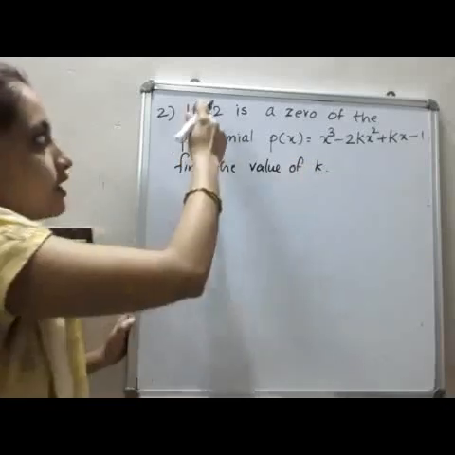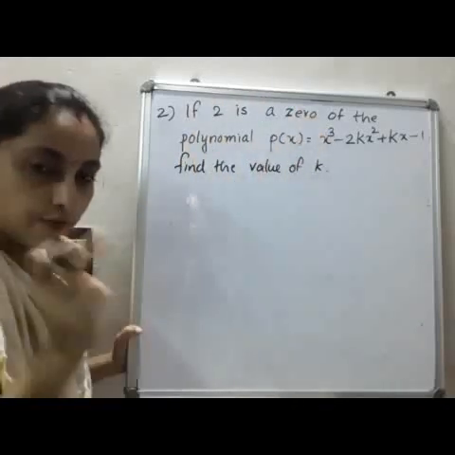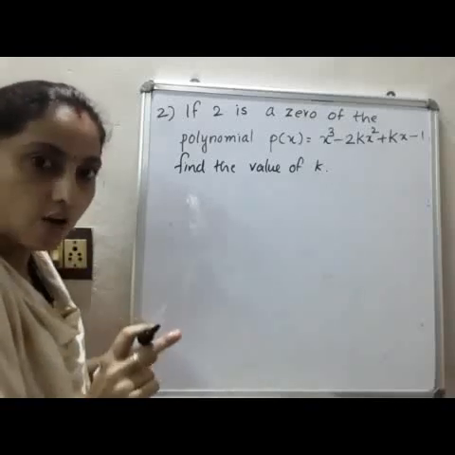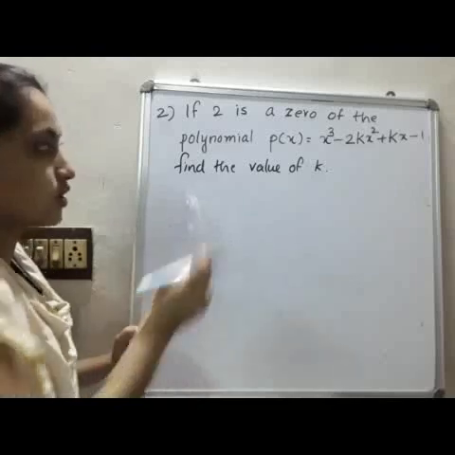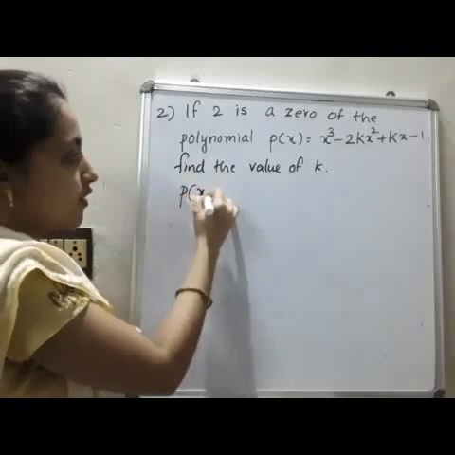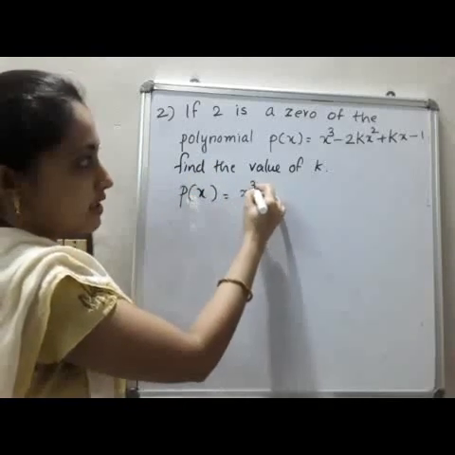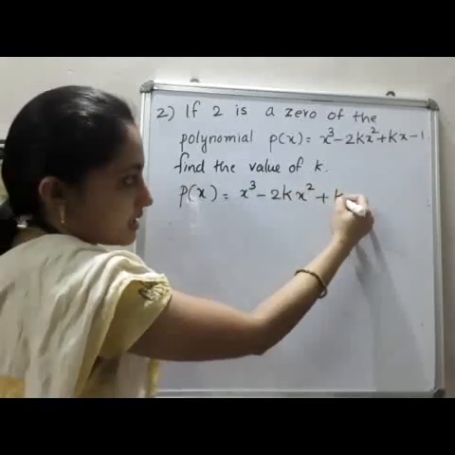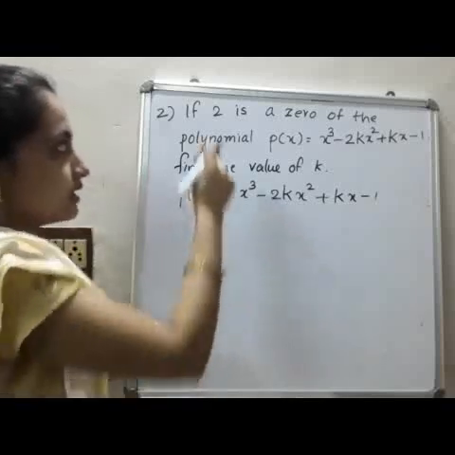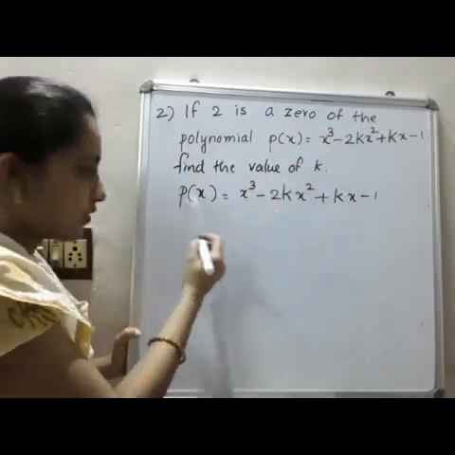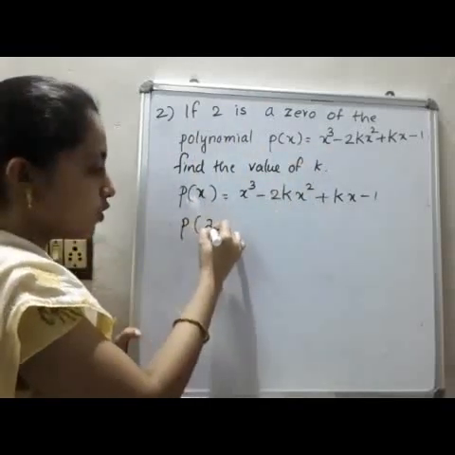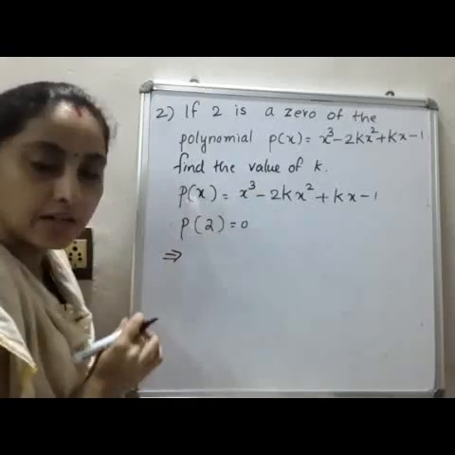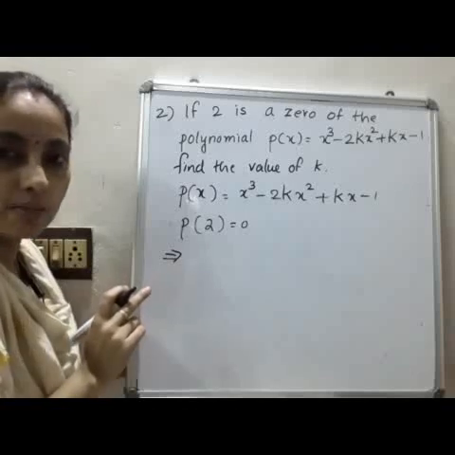What is given? 2 is a zero of the polynomial. If 2 is a zero of the polynomial, what can we write? P of 2 is equal to 0. So first you have to write P of x equal to x cube minus 2kx square plus kx minus 1. Then P of 2 is equal to 0, replacing all the x by 2.